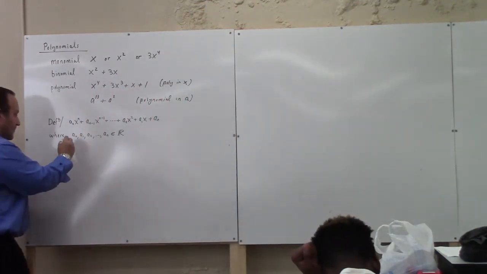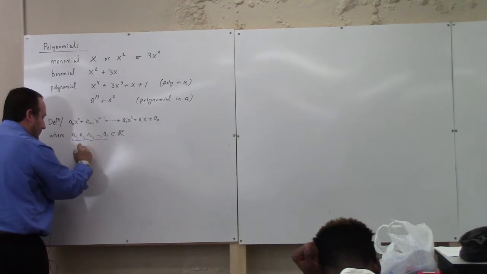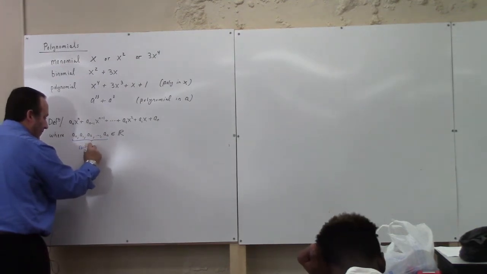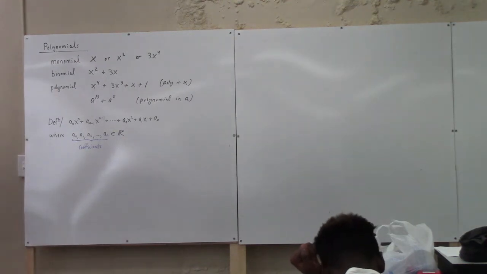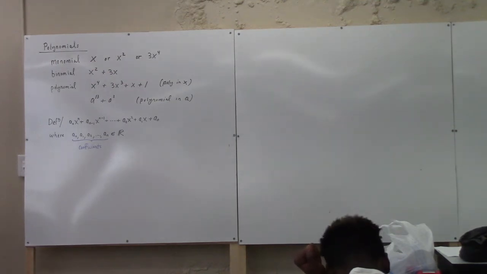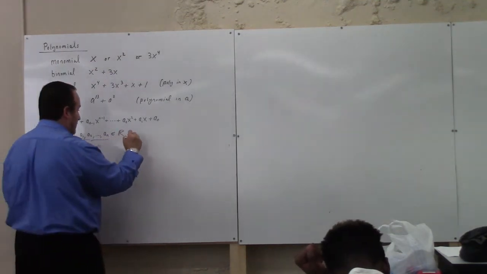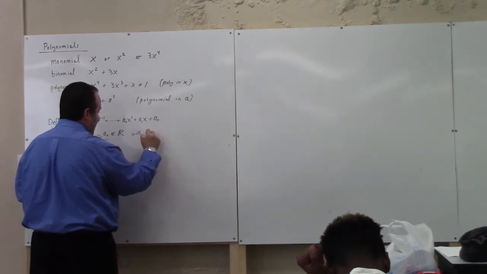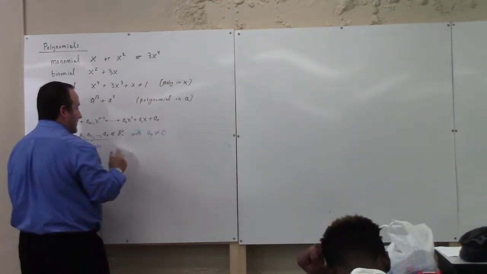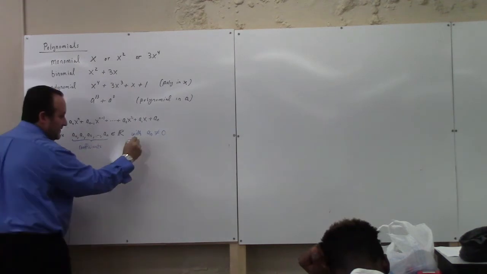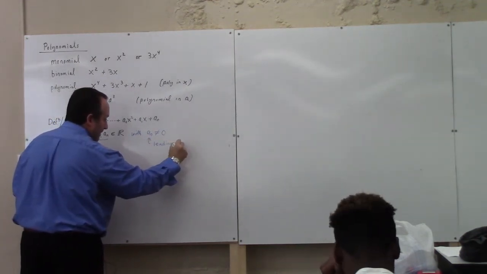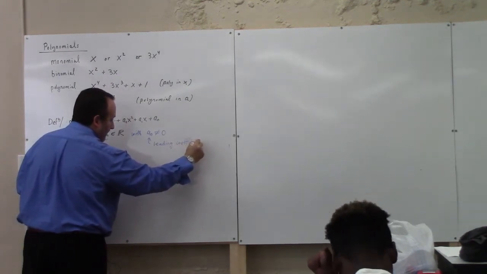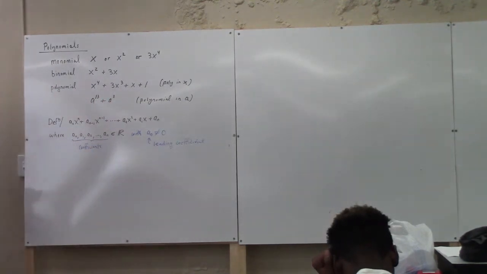These are the coefficients. And we make an assumption here. All right? We want to assume that a sub n is not equal to 0. Now, if a sub n is not equal to 0, a sub n is called the leading coefficient. All right?